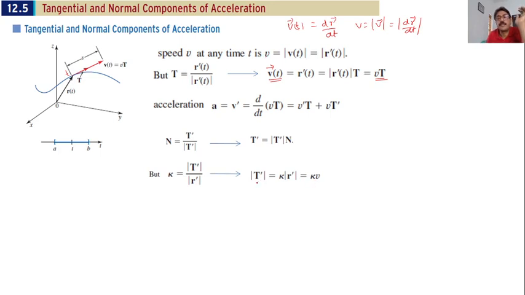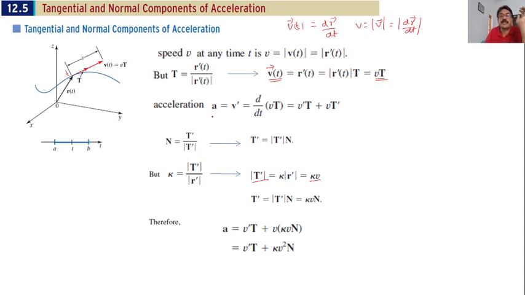So you can write modulus of T dash is equal to kappa v, and therefore substituting this, we get T dash is equal to kappa v into N.